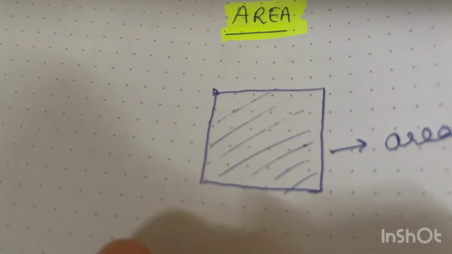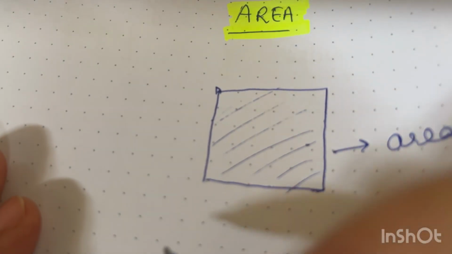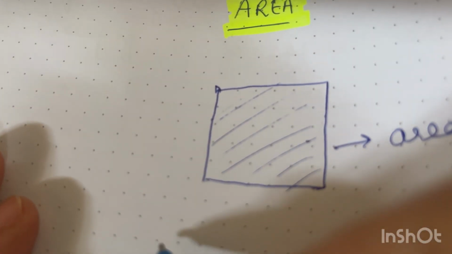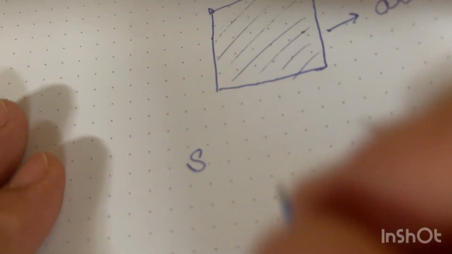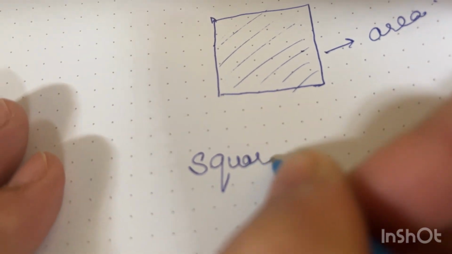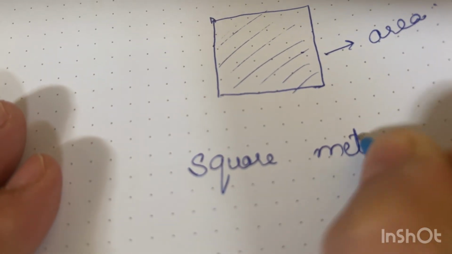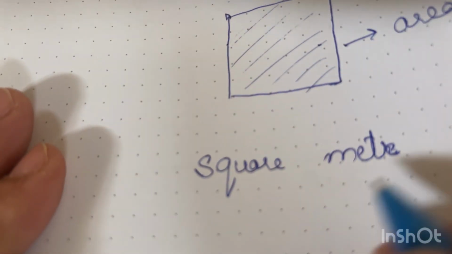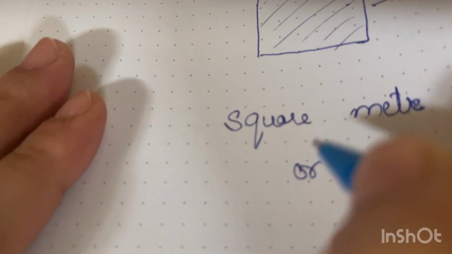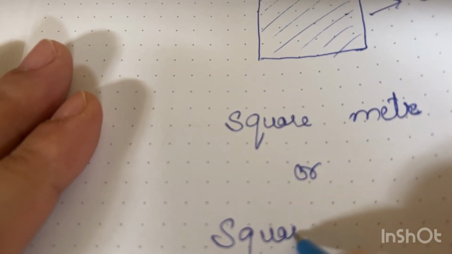The SI unit of area, the standard unit of area, is square meter. We can also write square centimeter.